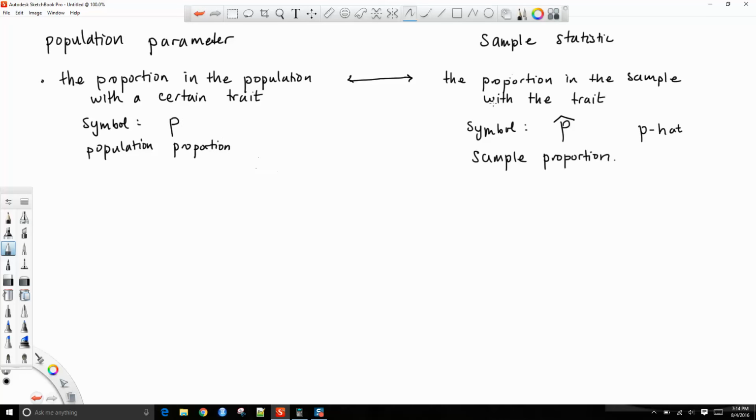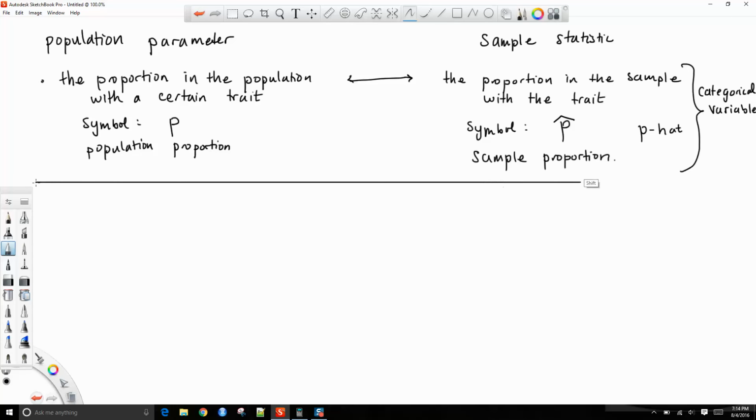And this applies for categorical variables, because we're dealing with proportions, right?